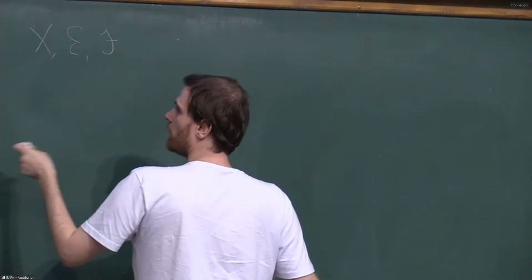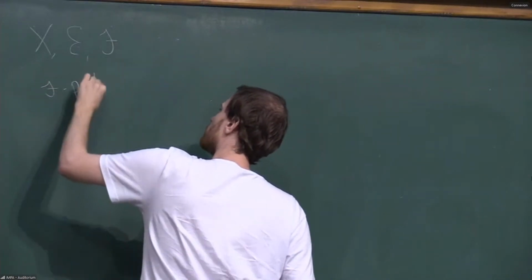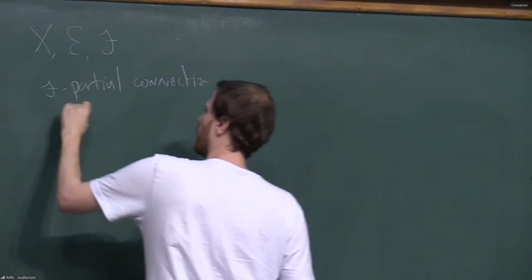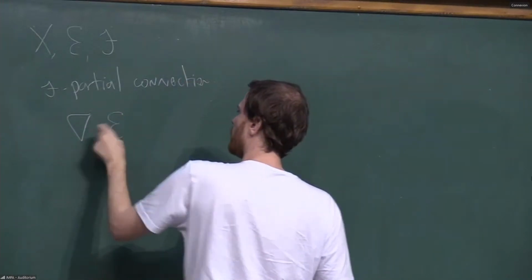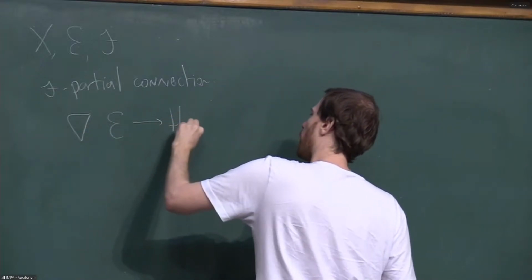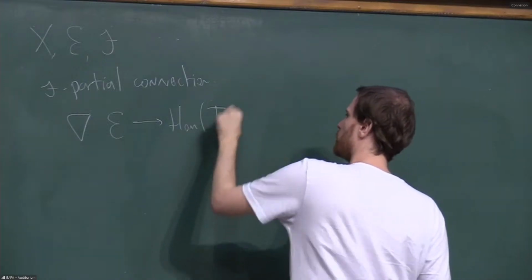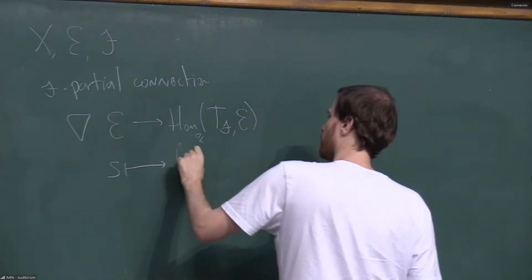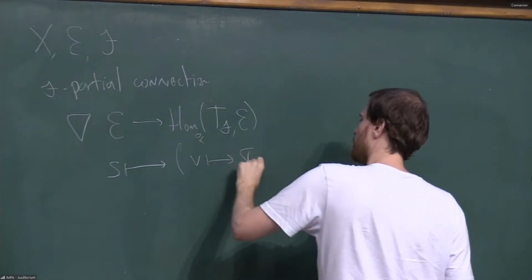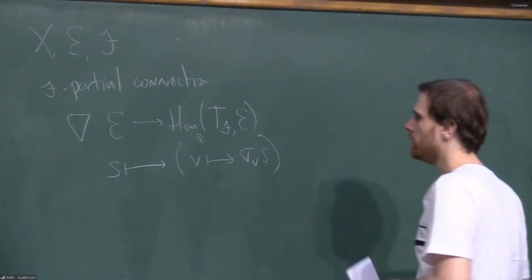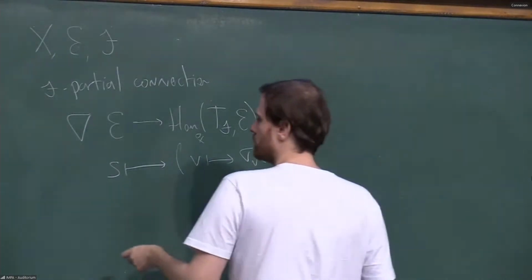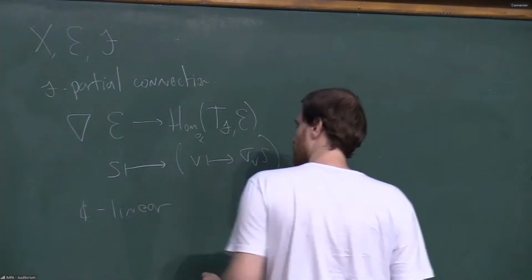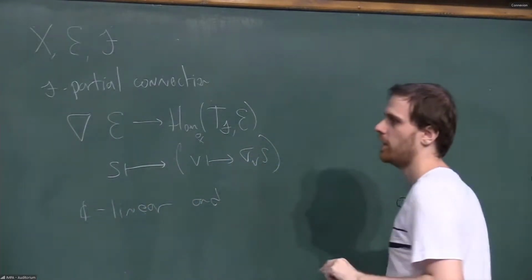So I will define an F-partial connection as before: a C-linear map from E to Hom of T_F to E. Fixing notation again, take a section here, take a vector in T_F now, and send it to this symbol, such that it is C-linear and satisfies a Leibniz rule.